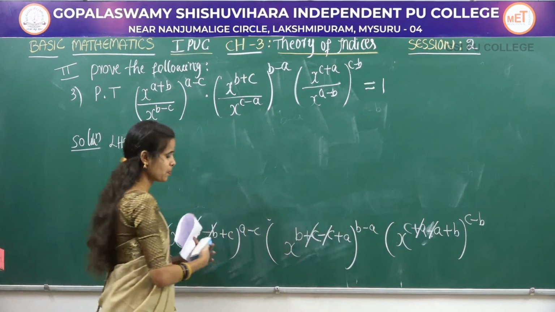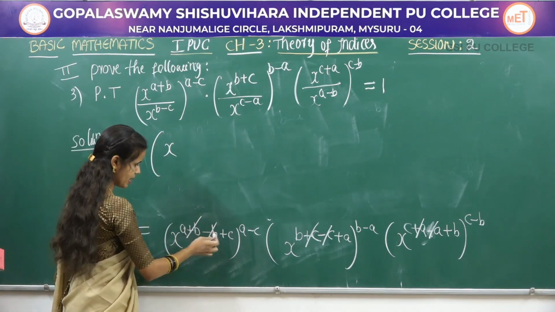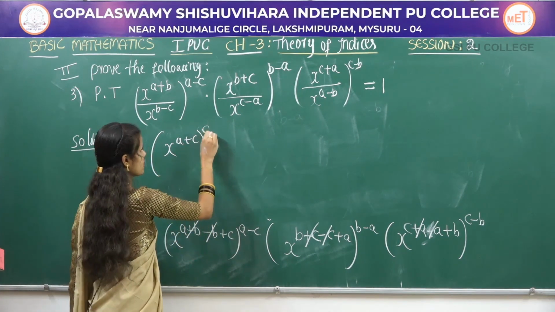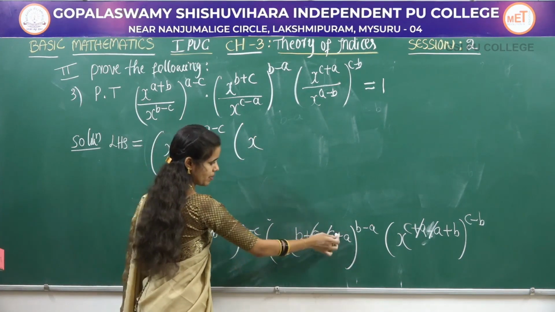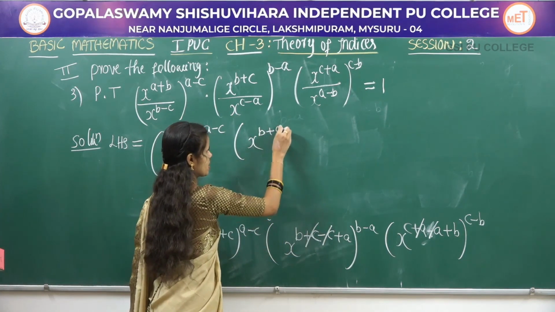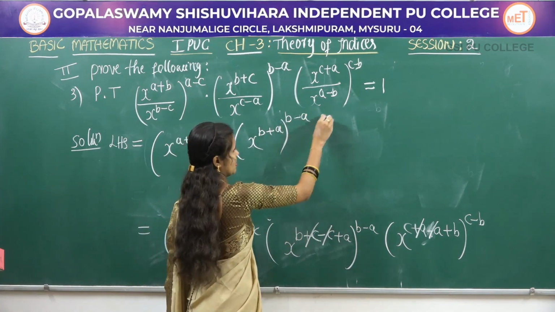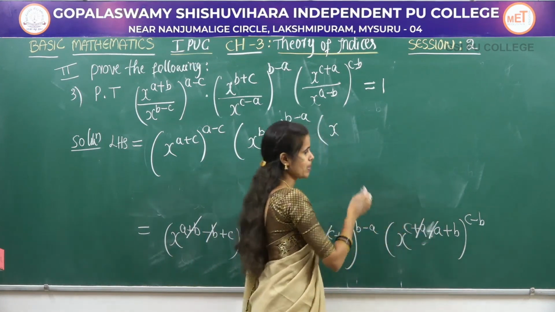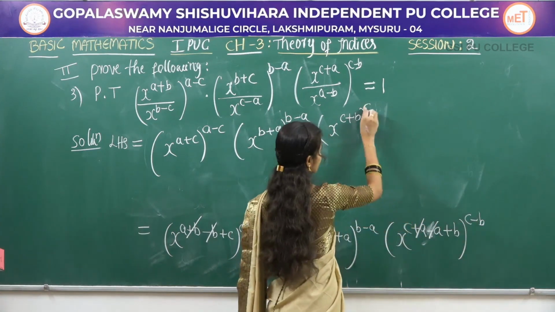Now simplify. So x to the power of, the remaining terms are here a plus c, to the power of a minus c, into x to the power of b plus a, to the power of b minus a, into x to the power of c plus b, to the power of c minus b.